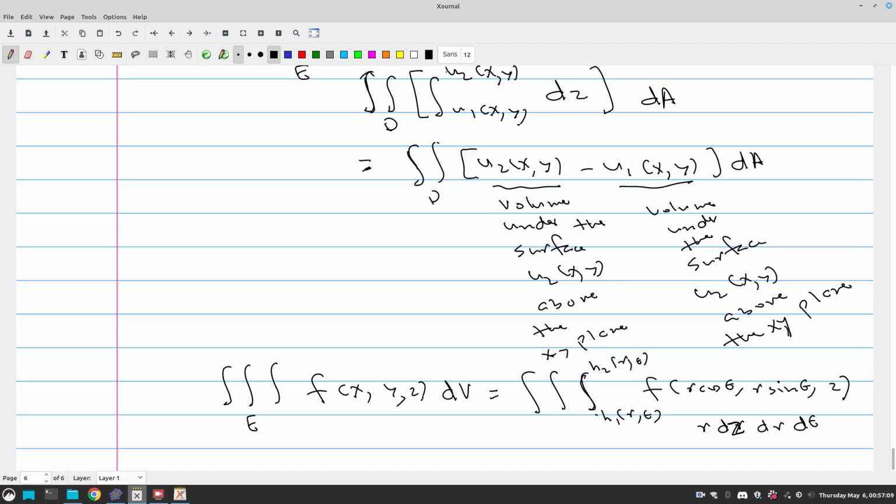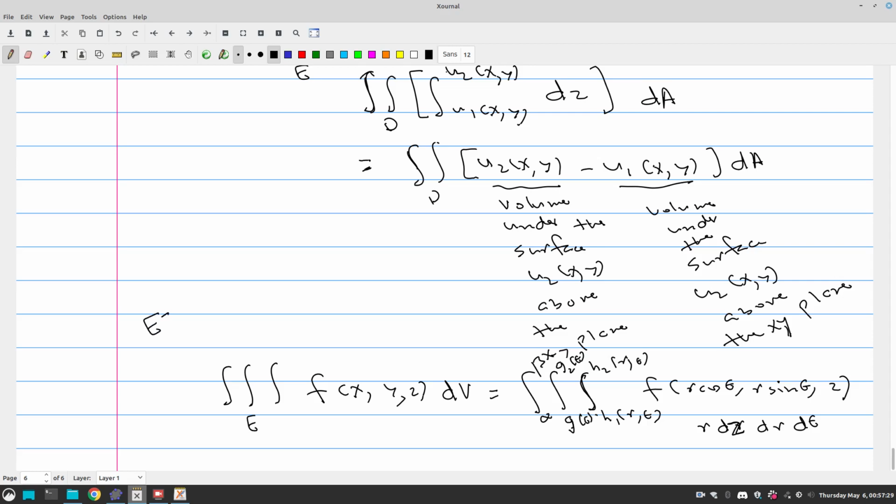So r could be between some g1 of theta and some other g2 of theta, and theta could be between alpha and beta.